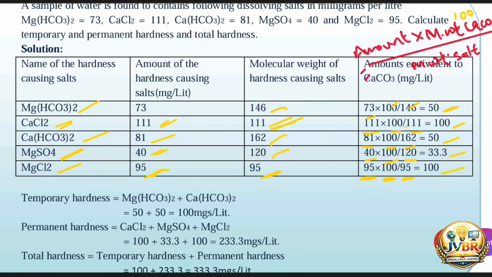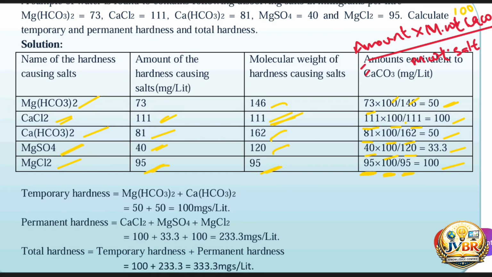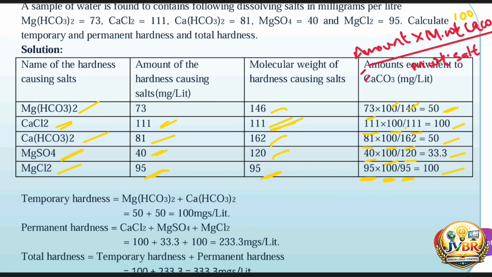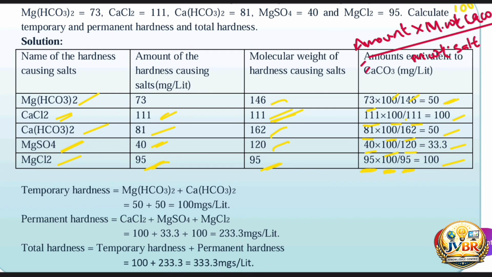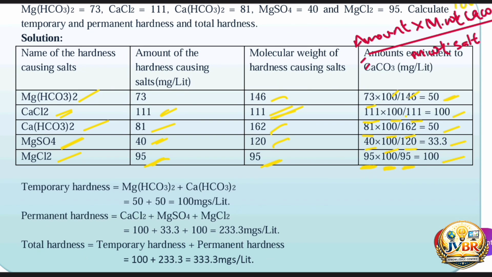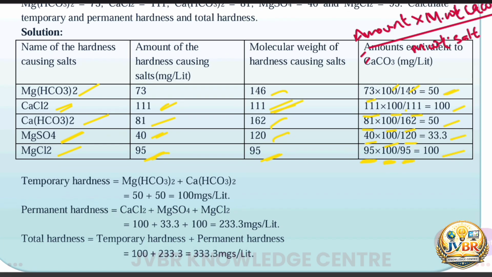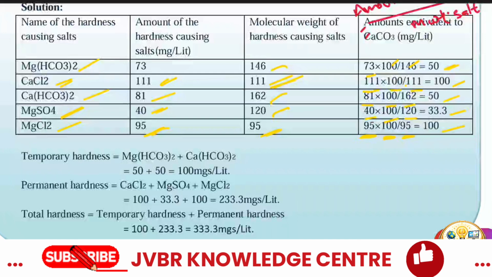Then separate out whatever the temporary hardness producing salts and whatever the permanent hardness producing salts given in the problem. Temporary hardness producing salts: magnesium bicarbonate, calcium bicarbonate. So now write magnesium bicarbonate plus calcium bicarbonate.